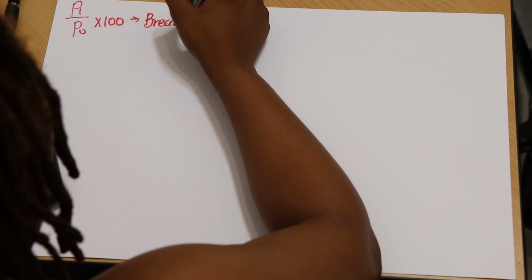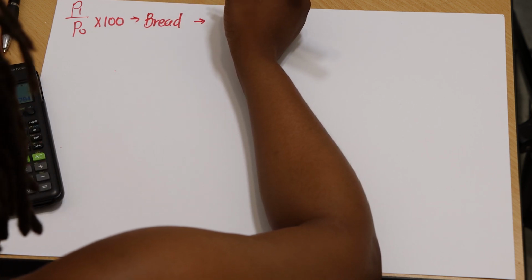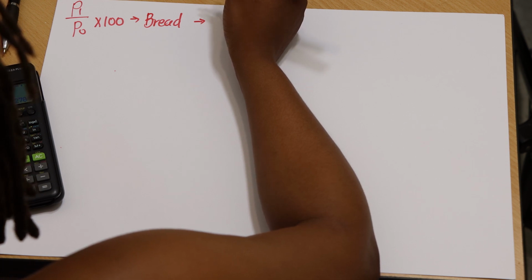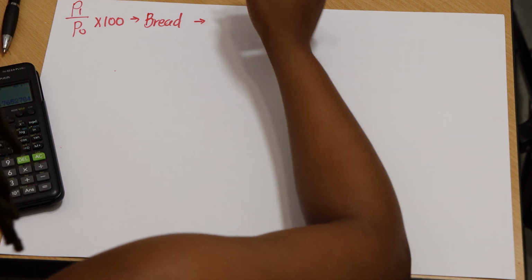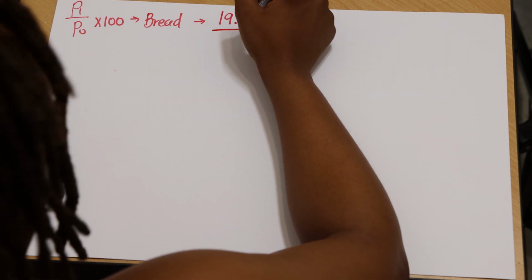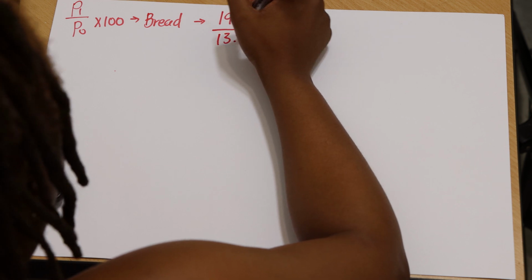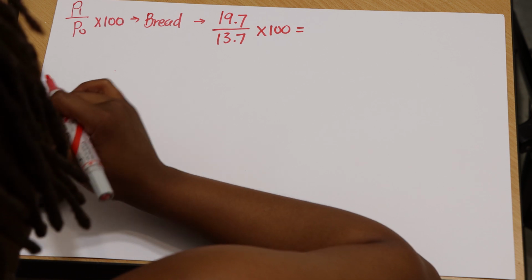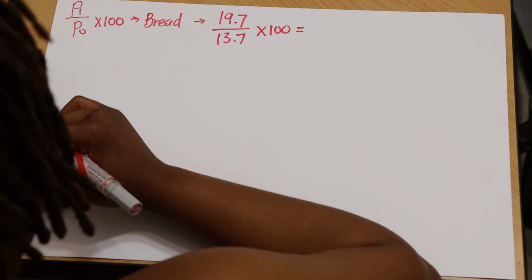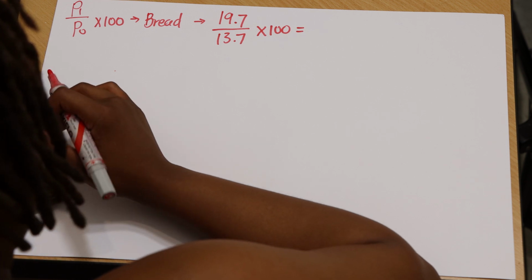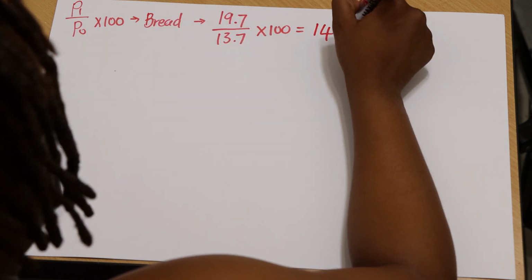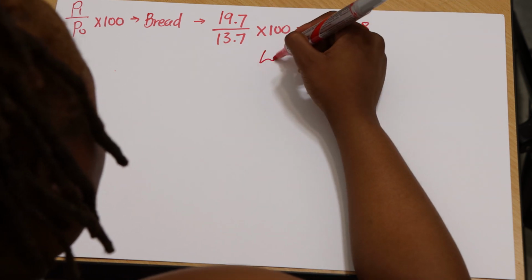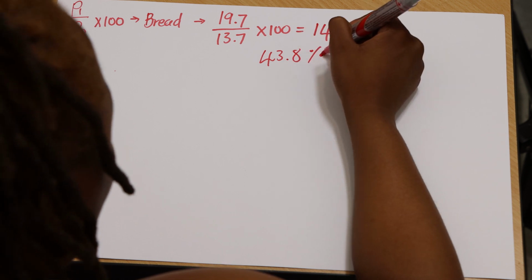So for bread, this would be 19.7 divided by 13.7 multiplied by 100. And that is 143.8. Again, we at this point know that that means it's a 43.8% increase.